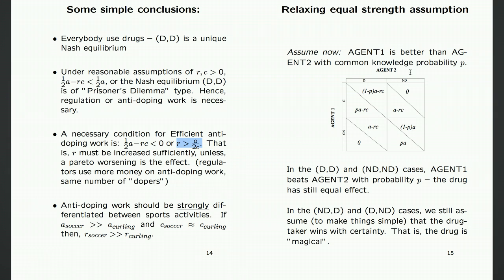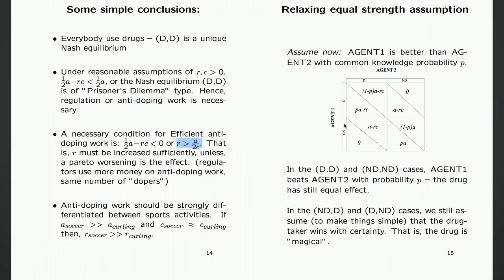What we do here is that we say that agent 1 is better than agent 2 with a common knowledge probability P. This common knowledge term means that both agents actually know this P. So they've been able to monitor each other during some historical events, and agent 1 knows that he will win against agent 2 with a probability of 75%. The same information is known by the other one.